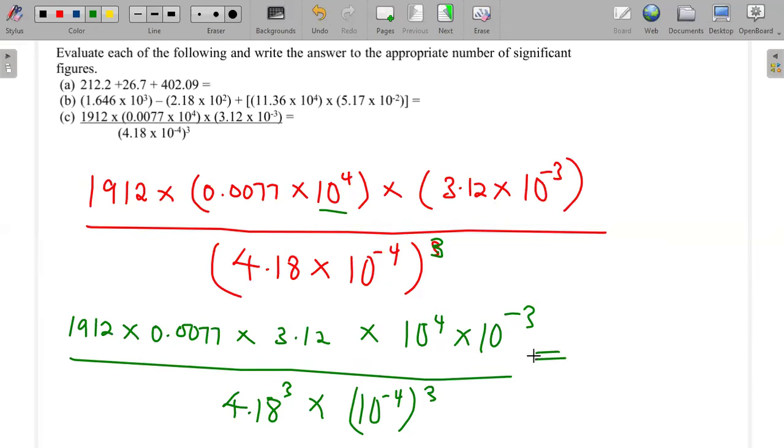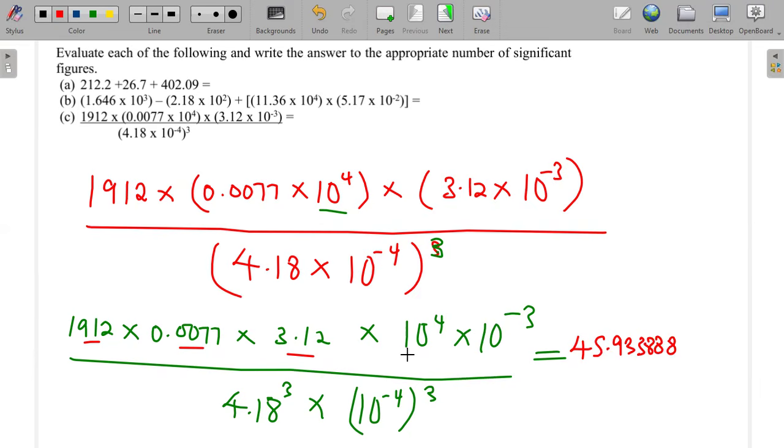So now on top, what do we get? You just go to your calculator and simply multiply these: 1912 multiplied by 0.0077 multiplied by 3.12. What do I get? I get 5.93388 according to my calculator.